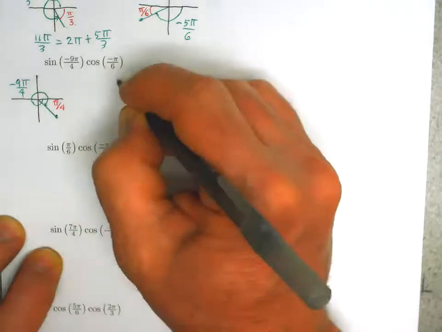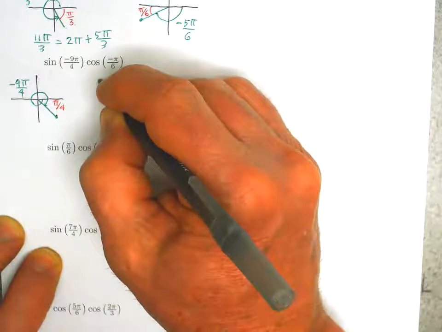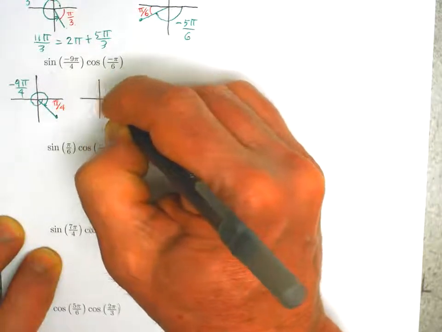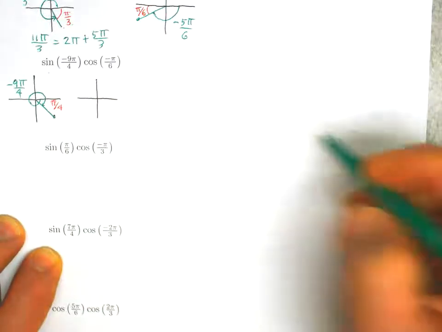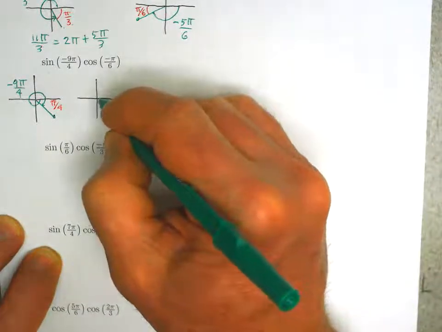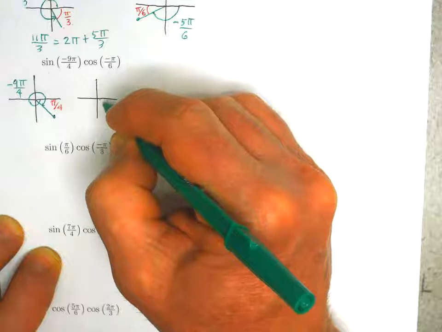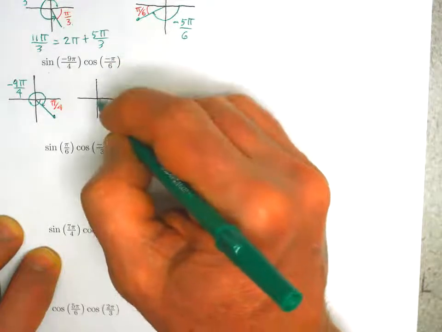Okay, then cosine of negative pi over 6. So we have a clockwise revolution of pi over 6 radians.